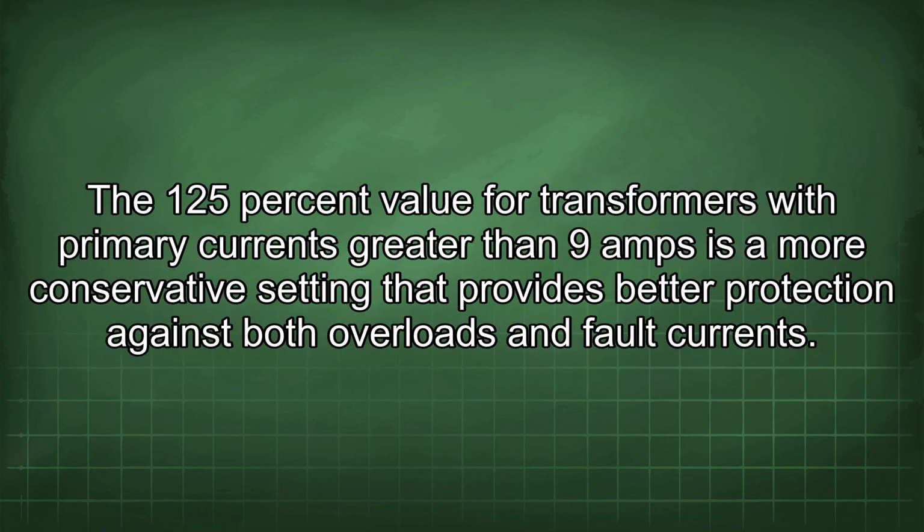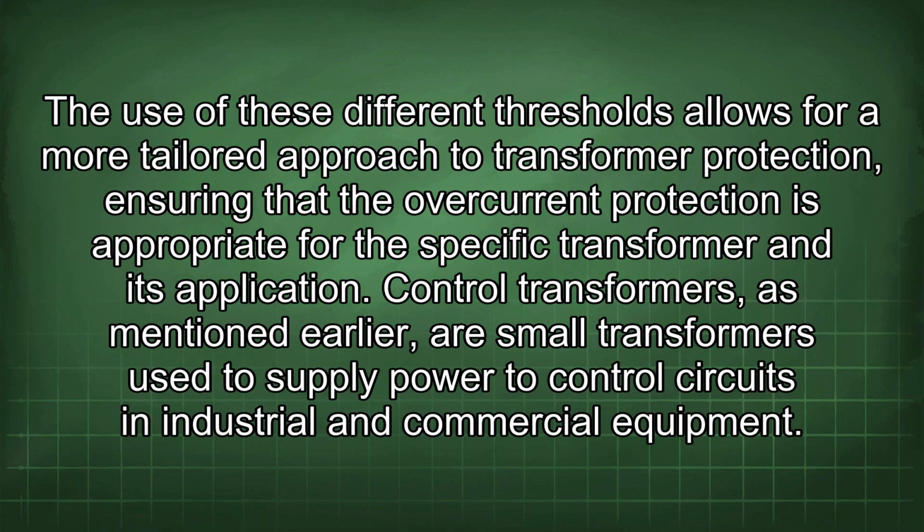The 125% value for transformers with primary currents greater than 9 amps is a more conservative setting that provides better protection against both overloads and fault currents. The use of these different thresholds allows for a more tailored approach to transformer protection, ensuring that the overcurrent protection is appropriate for the specific transformer and its application.